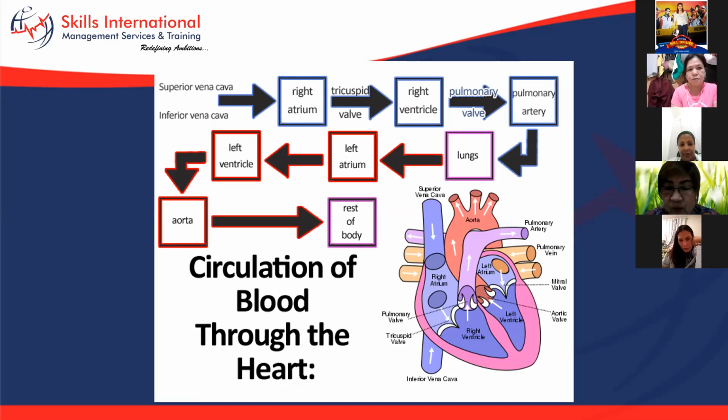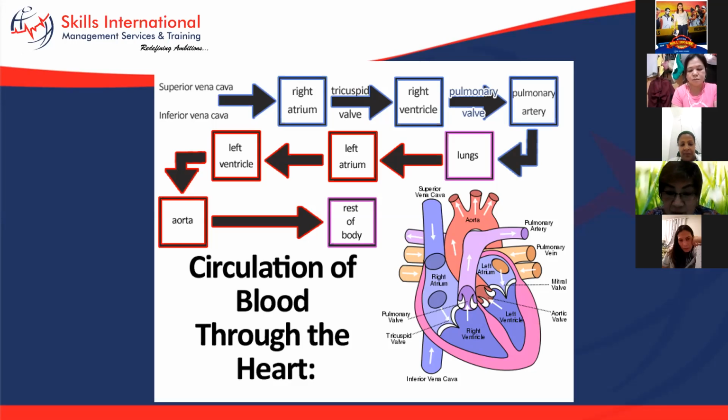As I said, the pulmonary artery supplies blood to the respiratory system, to the lungs. And then from the lungs, it goes to the left atrium, to the left ventricle, to the aorta, that goes to the circulation of the whole body.